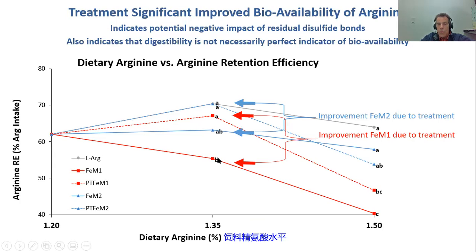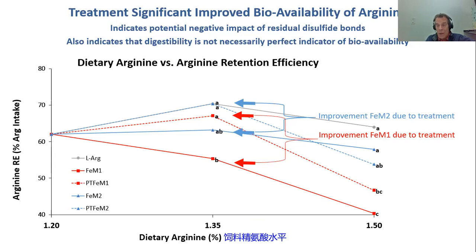So arginine retention went from 55% up to 65%, or from 62% to 70%, with the processing, making the arginine more bioavailable by destroying the disulfide. Arginine is not part of the disulfide bond.